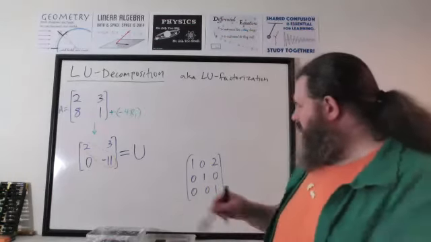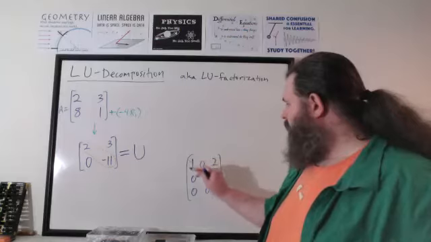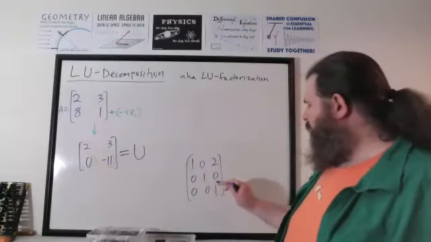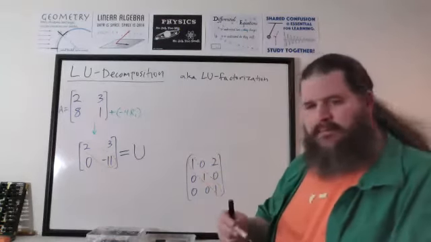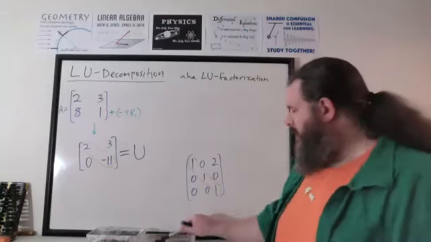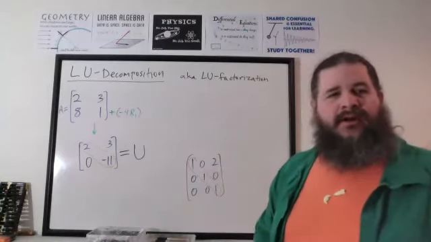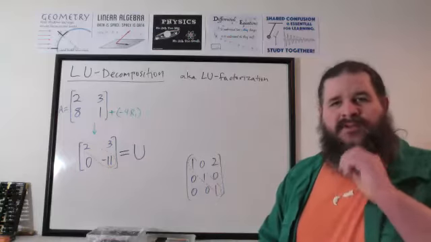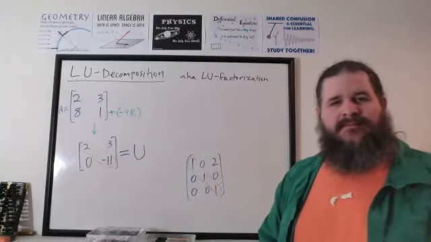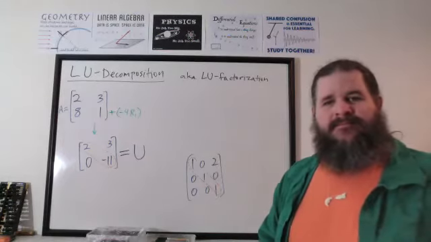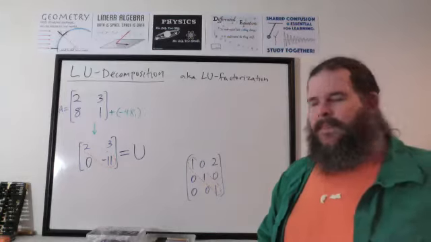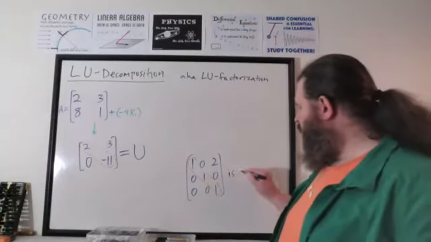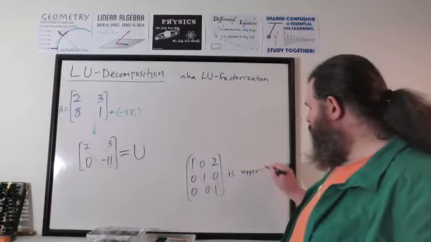If we take a look at the main diagonal, yeah, everything below the main diagonal is 0. So how would we describe this matrix? Yeah, this matrix is upper triangular.